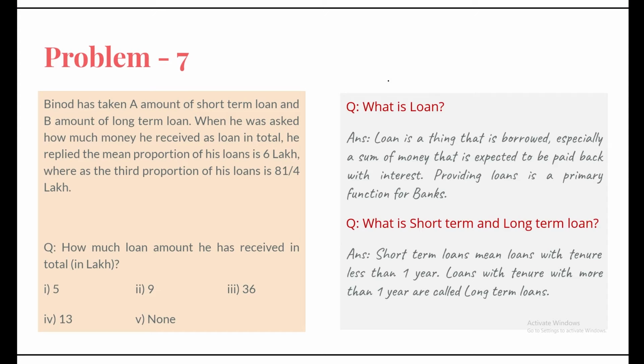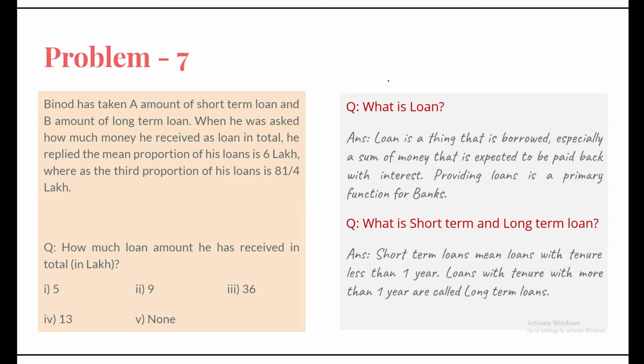banking awareness. The important question here is, what is a loan? A loan is a thing that is borrowed, especially a sum of money that is expected to be paid back with interest, meaning some extra amount. Providing loans is a primary function for banks. So the bank gets deposits from its users and the money received by the bank is further used as a loan to others.